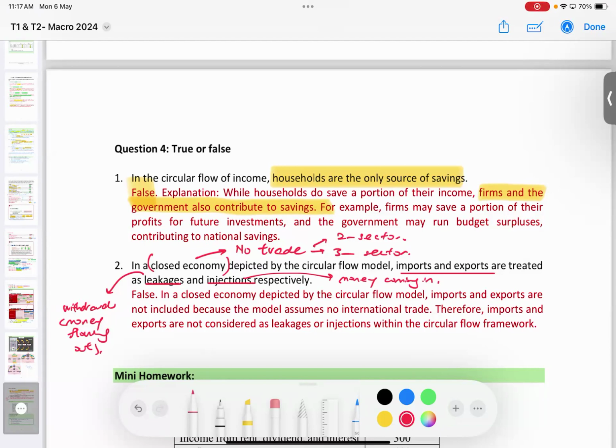It's not correct. Why? Because in a closed economy, there are no imports and exports. So it's false, because in a closed economy, imports and exports are not even included, because there is no international trade. So it is not considered as leakage or injection. So far, so good.